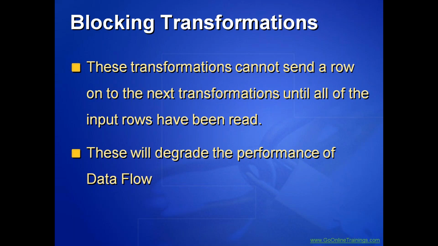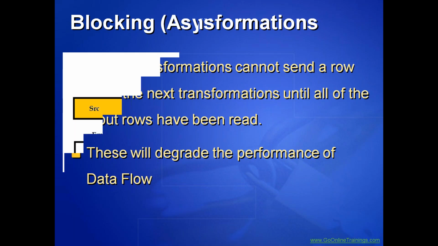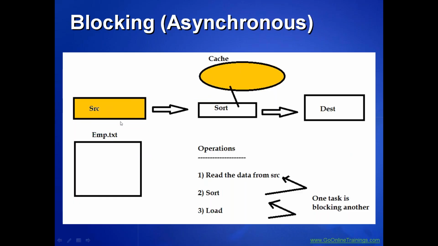Let me give you one simple example. I have a source. The source may be in India, so I'm reading the data from an emp.txt file. Let us think like this: the sort is happening on one machine where SSIS is running. Let us think the sorting is happening on a Dubai server.